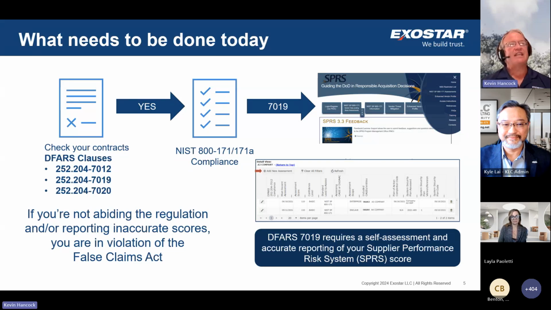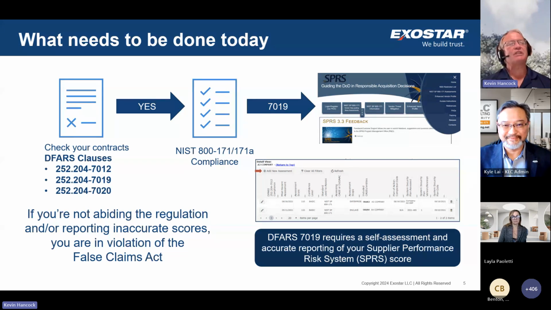If you've got 7019, you not only have to be compliant with 800-171, but you've also got to do a self-assessment and score yourself on that self-assessment. The guidelines to do that are part of NIST 800-171A. That's the assessment guide that tells you how to score yourself.